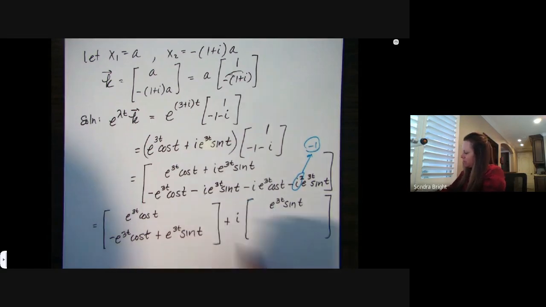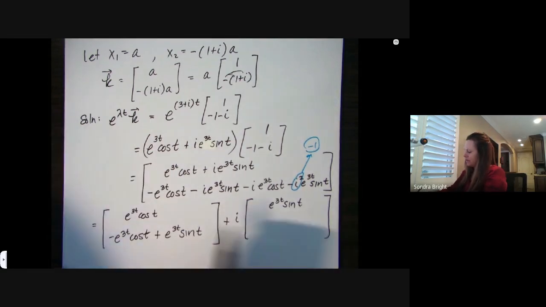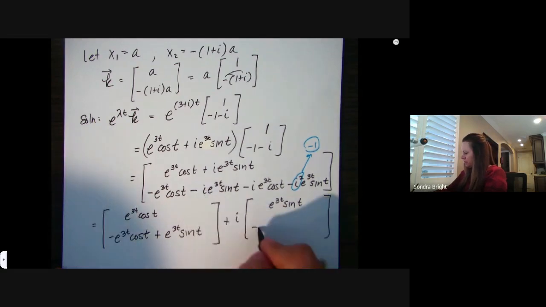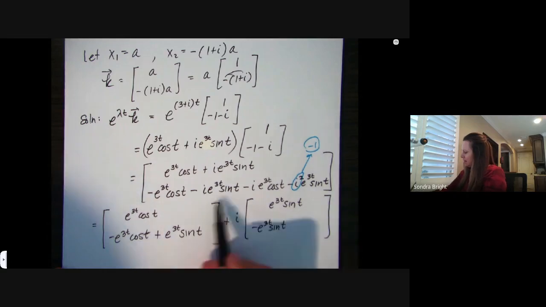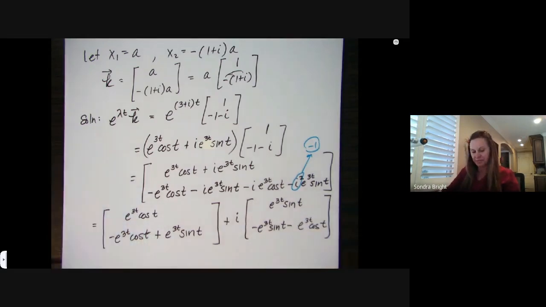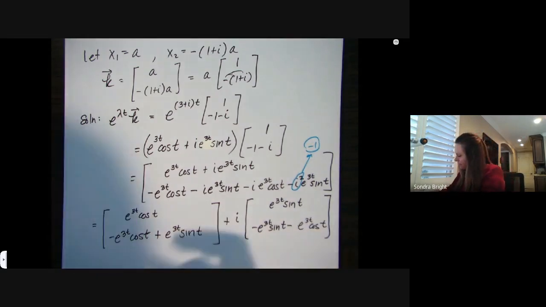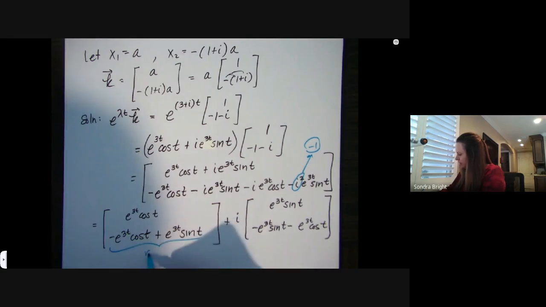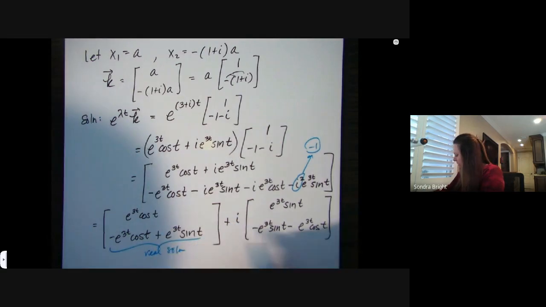Over here, I factored out this i, so I would have a negative e to the 3t sine of t and a negative e to the 3t cosine of t. This is a real solution, and so is this one.